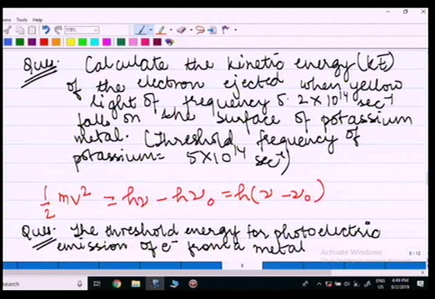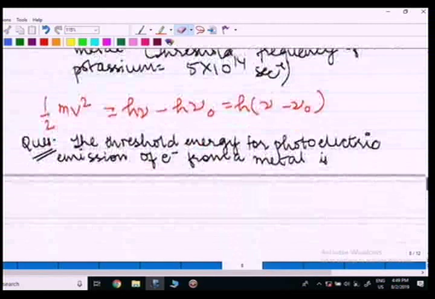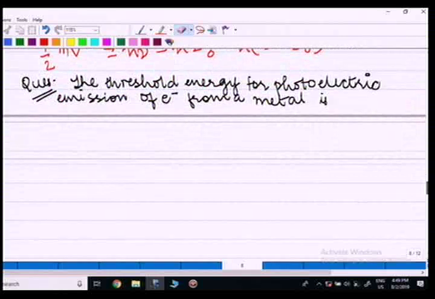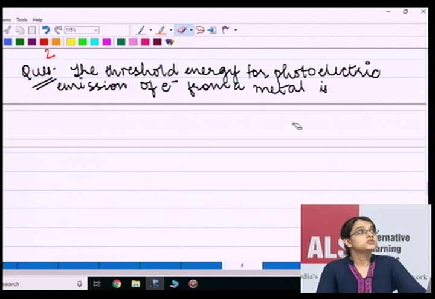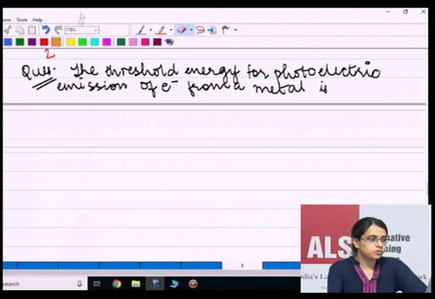Christukula, we still haven't received an answer from you. I hope you're not facing any problem. So the next question for the rest of the students is, the threshold energy for photoelectric emission. Okay, Christukula also has given the correct answer. Perfect. Next question for all of you, quickly.